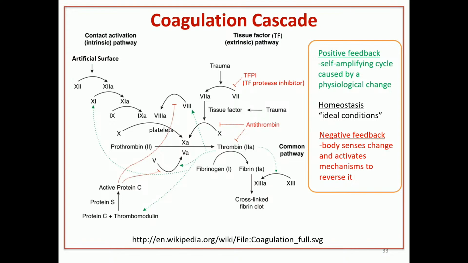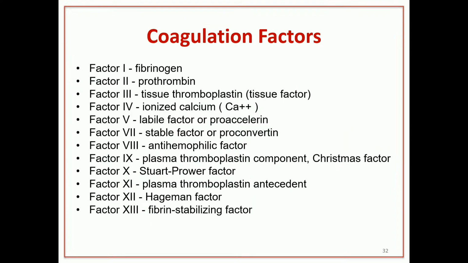Now, one thing is also, do you guys know hemophilia? What is hemophilia? It's a sex-linked recessive disease in which the blood doesn't clot, and it's hereditary. So you don't get clotting very easily.